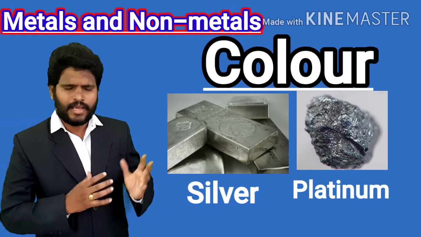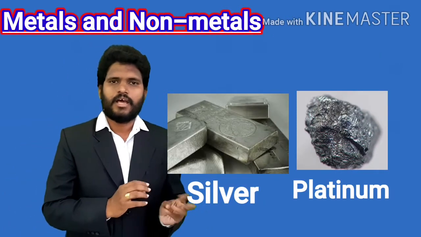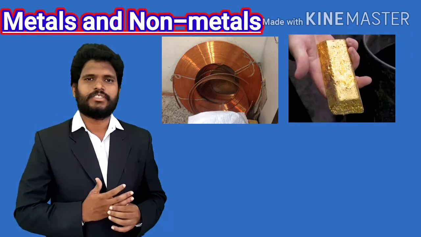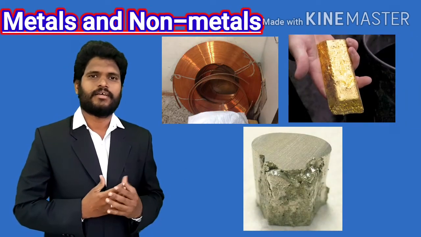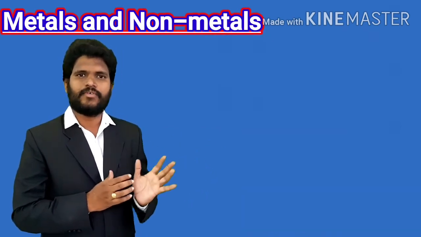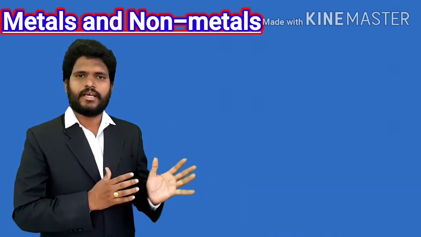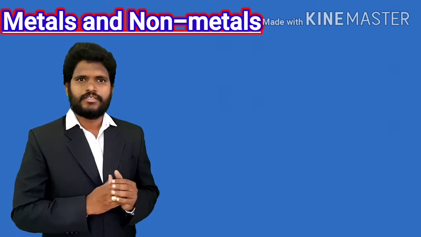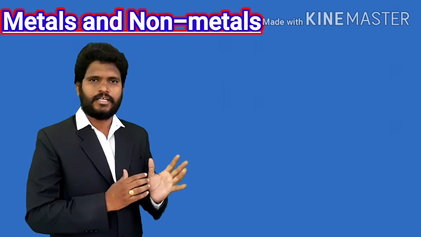That means maximum metals are present in this color. A few metals like copper, gold and platinum are present in different colors, right? So metals are mostly silver or grey in color. This point you have to remember, right children? So this is about the color.